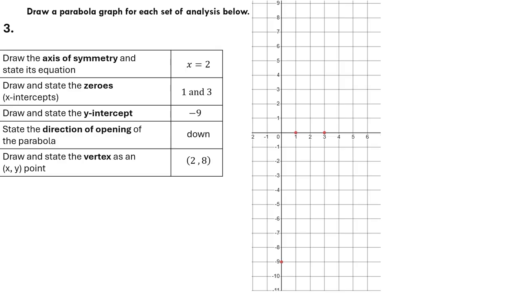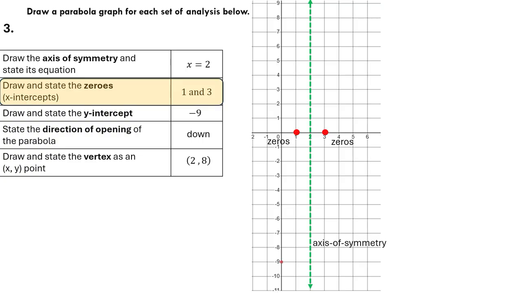In this example, question 3, we're told first that the axis of symmetry is 2. So we can put that down. We're told that the zeros, or x-intercepts, are at 1 and 3. We'll plot those.